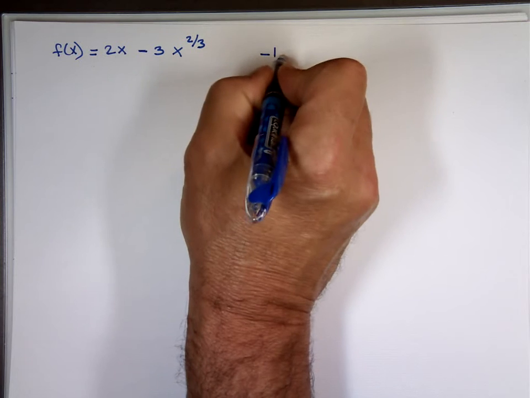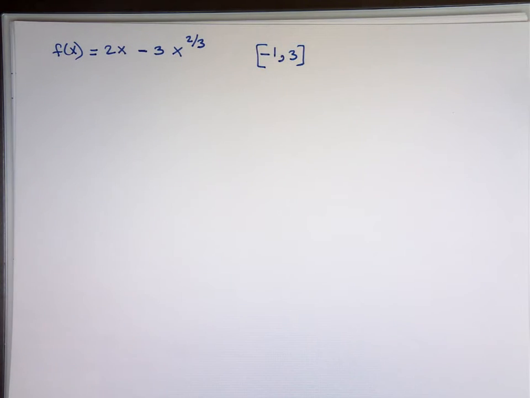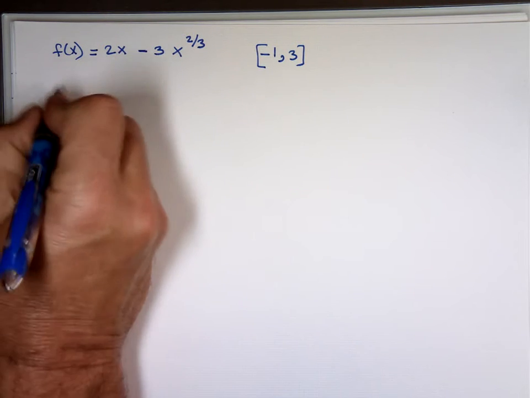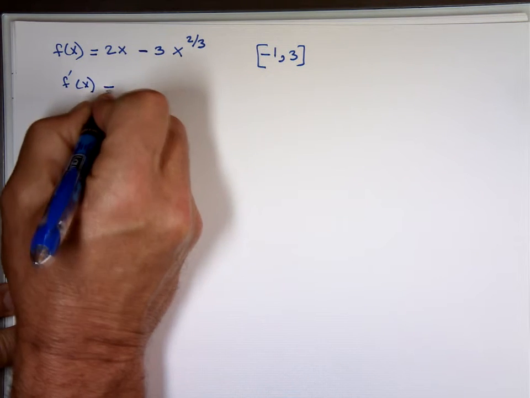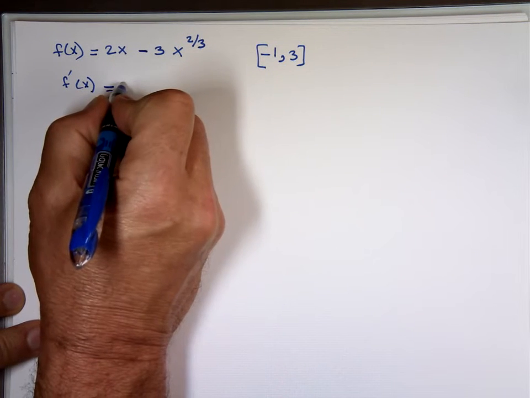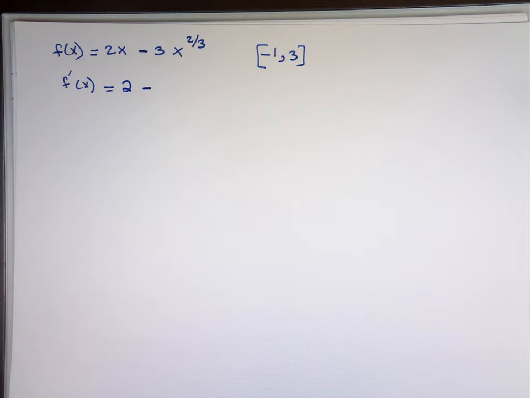And the interval from -1 to 3. Let's find the derivative. First thing first, what is the derivative of 2x? 2 minus. What is the derivative of this one? 3 times 2/3.